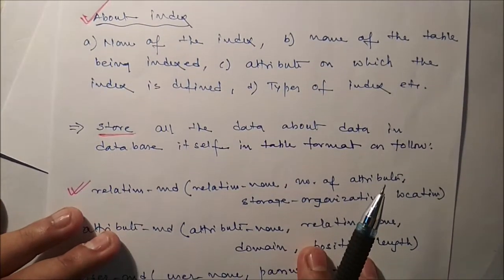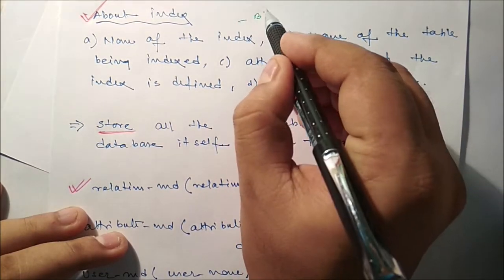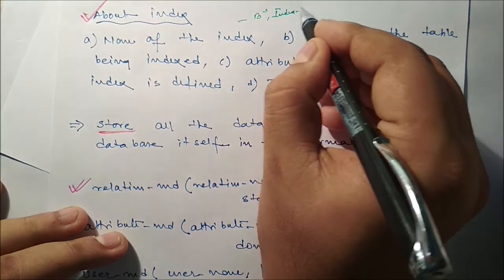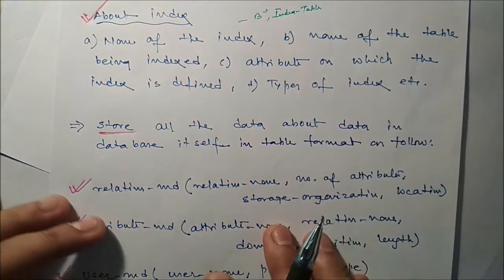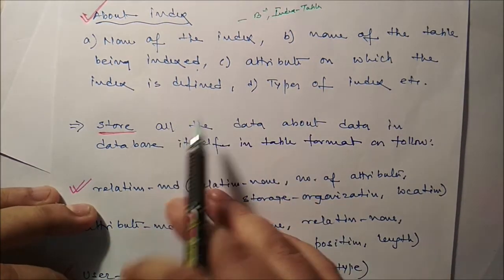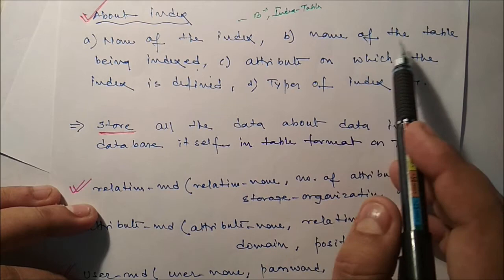About the index, we store the name of the index, whether we use a B plus tree index or an index table, the name of the table being indexed, and which type of index we have used.